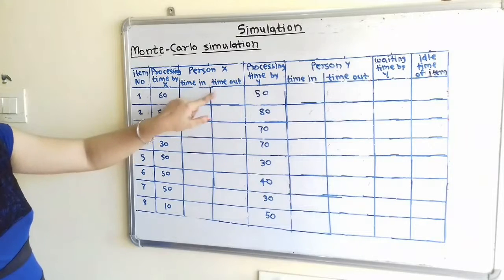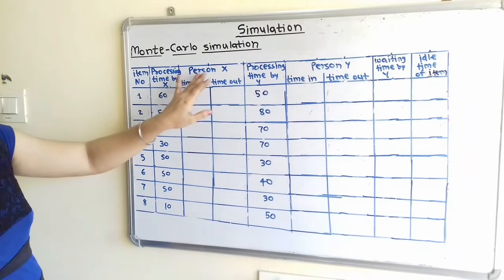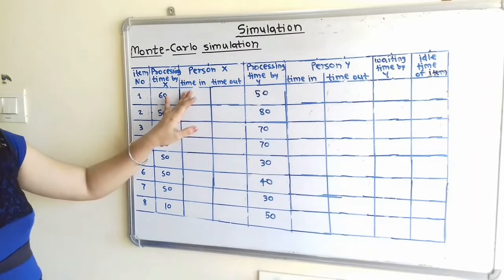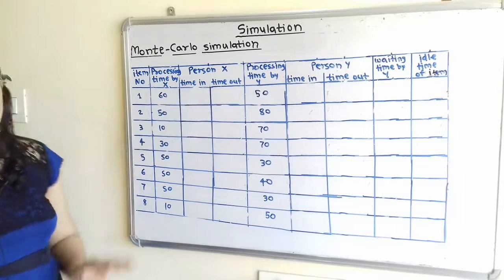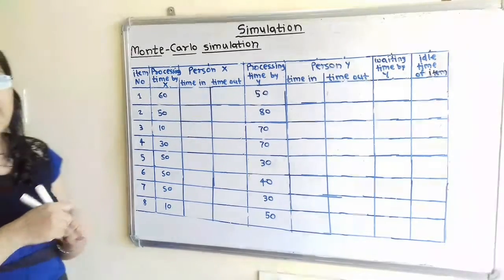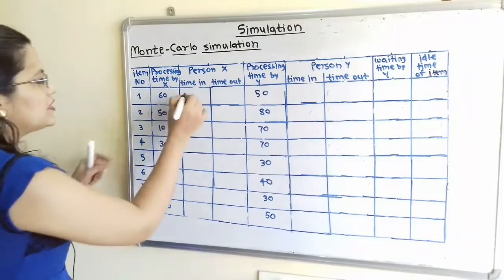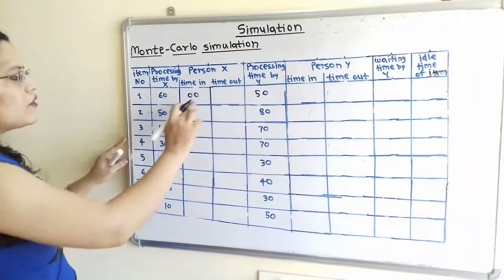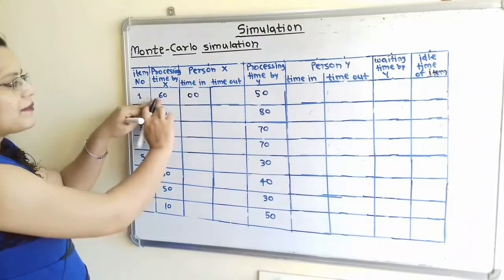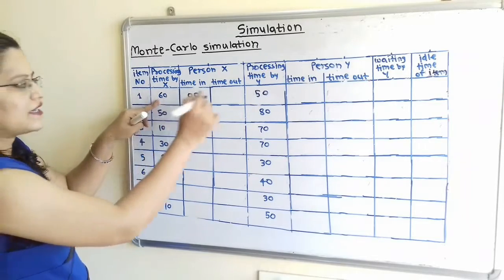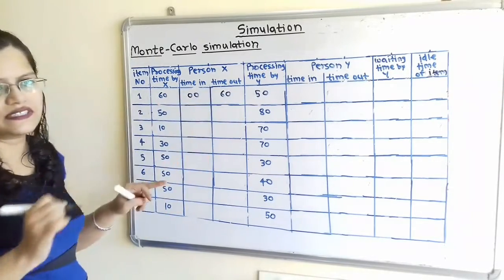So we will first finish this table, that is, for person X the item time in and the time out. The first item will enter at time 0, so the initial time will be 0. Then the time out: the processing time for the first item is 60 seconds, so the time out is 60 seconds.